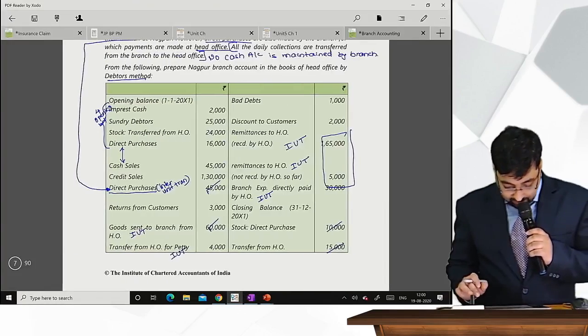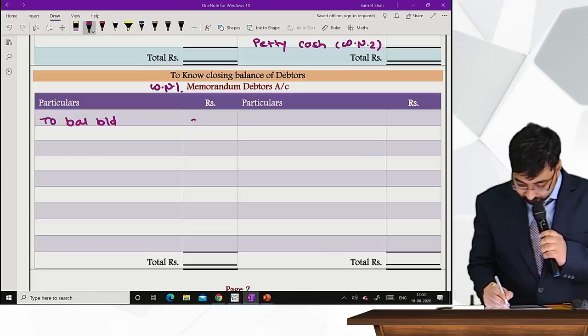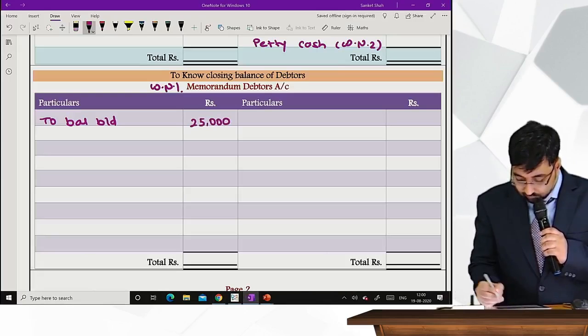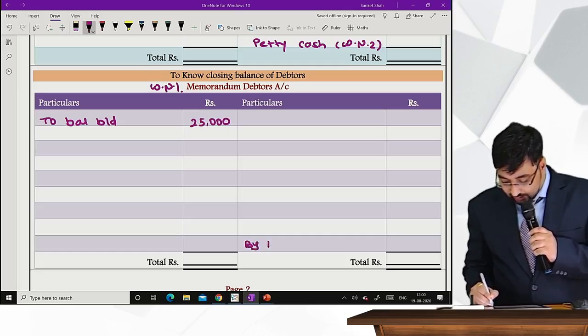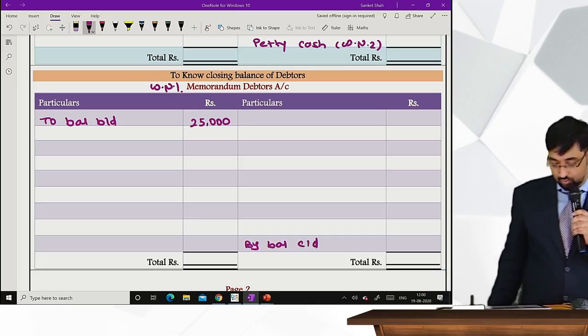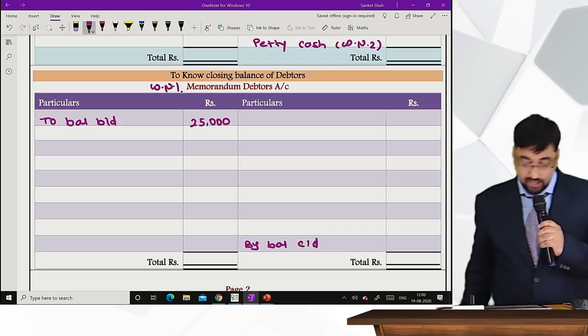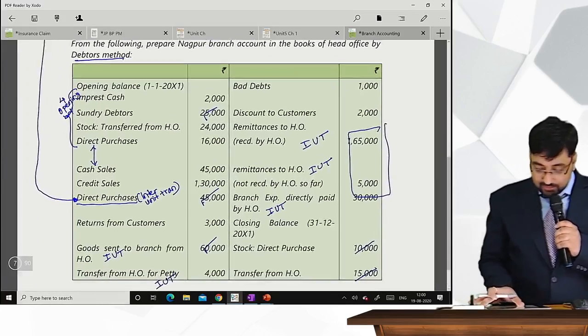What is the opening balance of debtors? It is 25,000. And by balance carried down, we will write at the end, but having no amount.